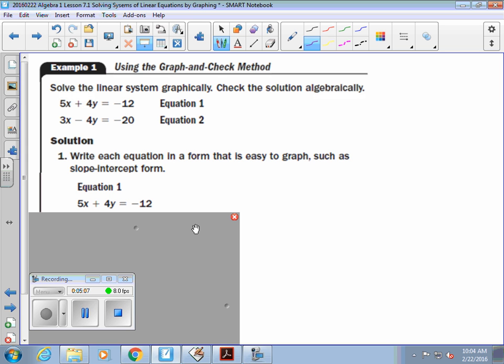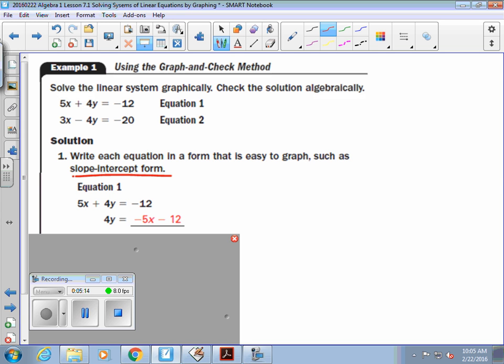Again, for most of us, something that is easy to graph is slope-intercept form. So make it say y equals mx plus b by moving over, in this case, 5x. Remember, if it's positive 5x on the left, once it moves over, it becomes negative 5x. You still have -12 on that side, and you still have 4y on the left.